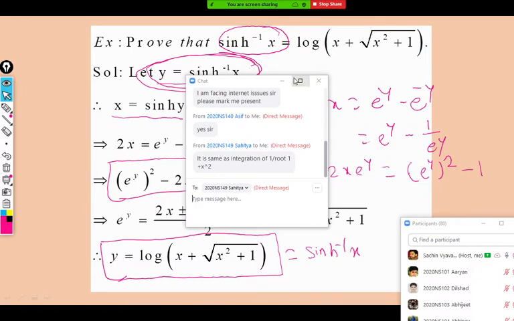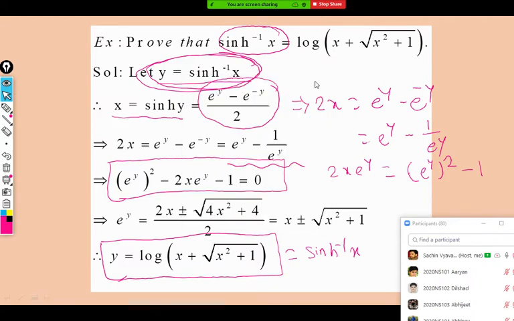Yes, I think Sahit is saying it is the same as the integration of 1 upon root of 1 plus x square. Yes, very good observation, Sahit. Actually, this is the integration of 1 upon root of x square plus 1.